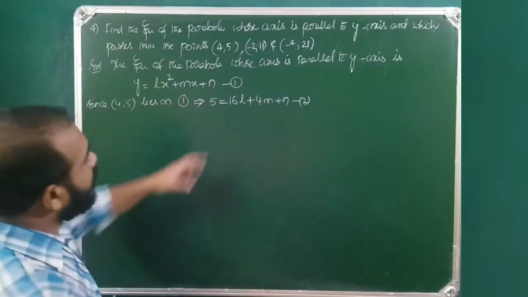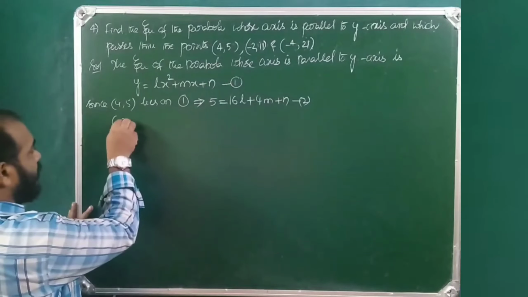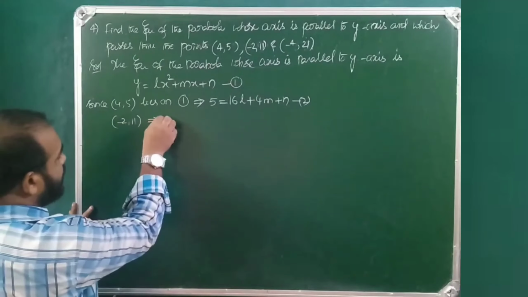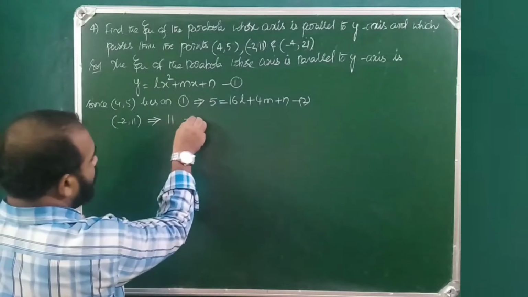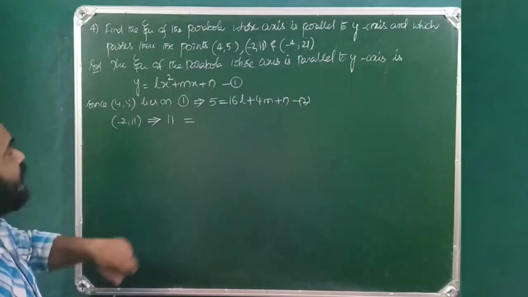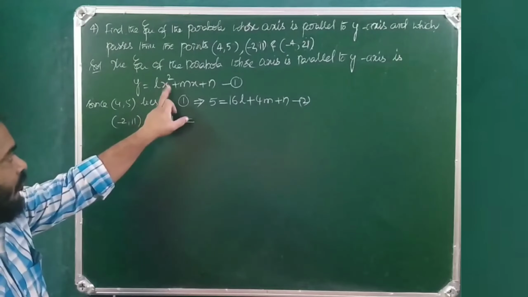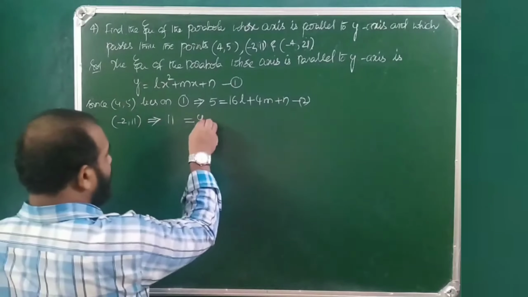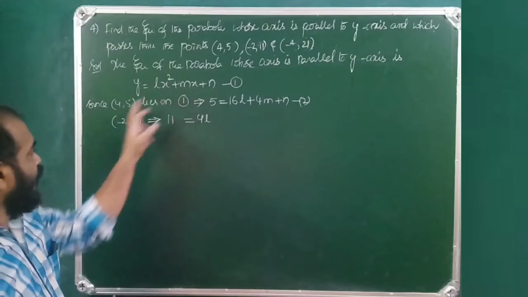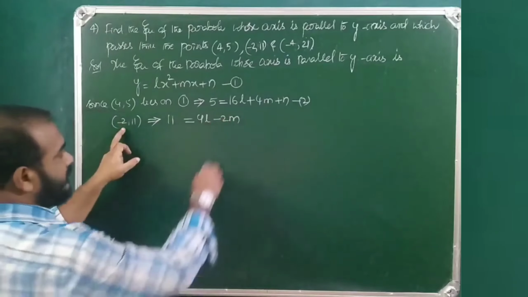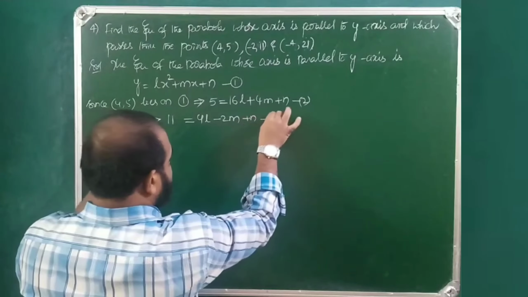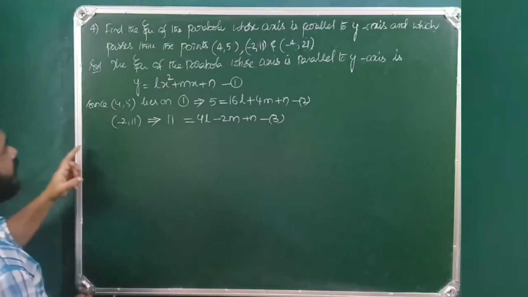Next, minus 2 comma 11 lies on it, implies 11 is equal to minus 2 square 4 into L, 4L, plus m into minus 2, minus 2m plus n. This is the third equation.